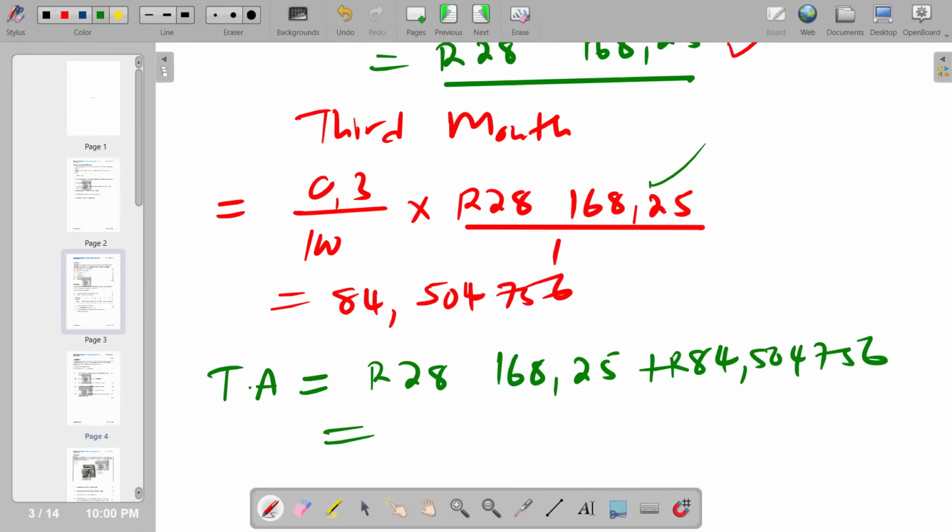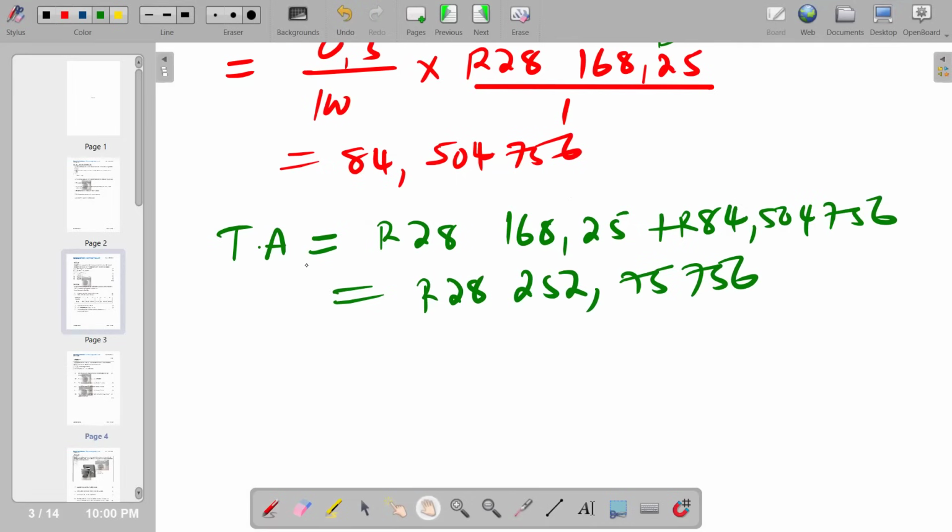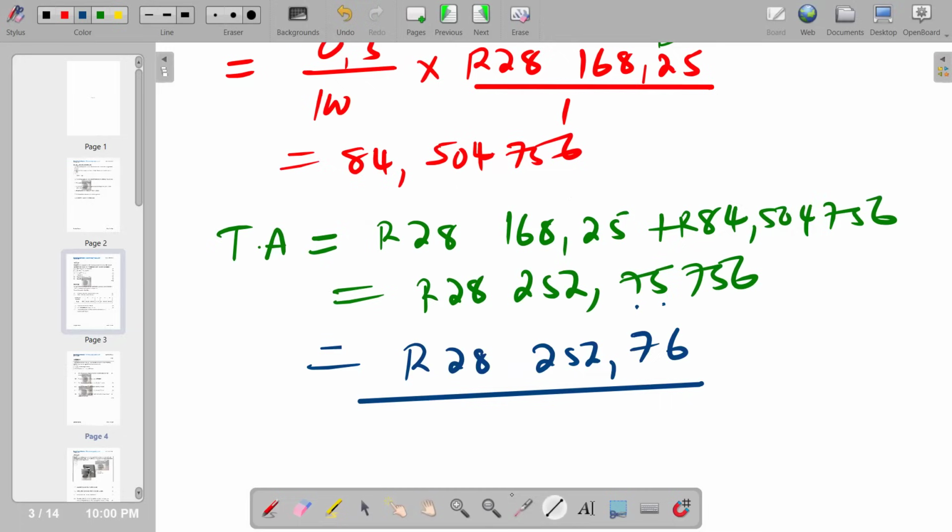You get your answer is 28,252.75756. So this is your total amount for the third month. And of course, we can always round off to 2 decimal places. It becomes 28,252 rands and 76 cents. So this is the final answer for the third month.